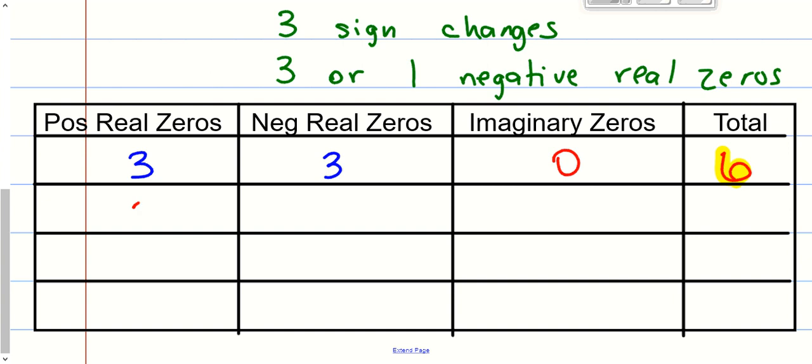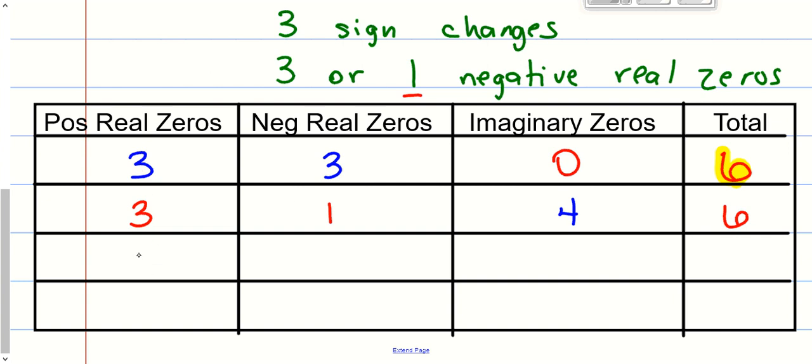If I had 3 positive, the other option for negative was 1. So if I have 3 positive and 1 negative, and a total of 6, well, this is 3, 4. That's only 4 of my solutions. That means I could have 4 imaginary. So now, because I only have 2 options for negative, I also had 2 options for positive, 3 and 1.